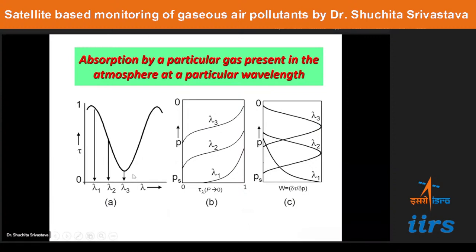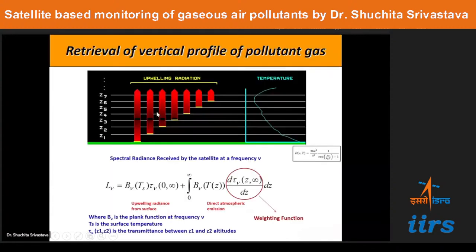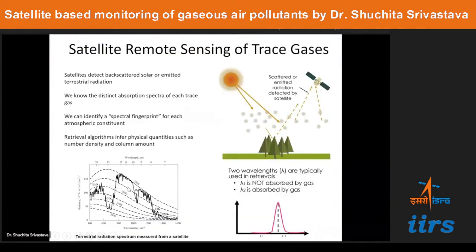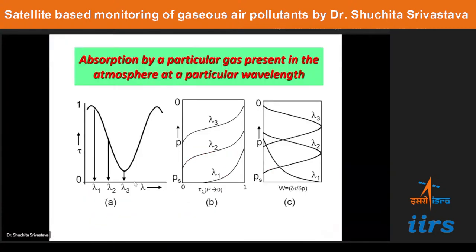So here, suppose this is an absorption band of one particular gas. Recall, we can see this is the absorption band of ozone, right? So it is decreasing the transmittance. Here you can see that if the wavelength λ3 is very strongly absorbed by the absorbing gas, then the transmitted energy will be very, very low with respect to incident energy, and accordingly transmittance will be very small.